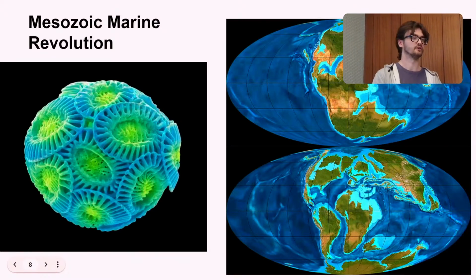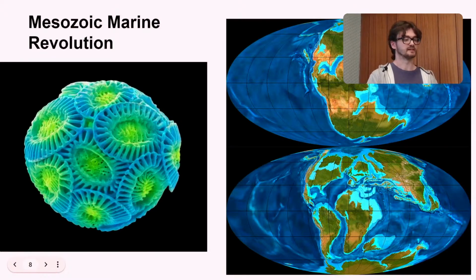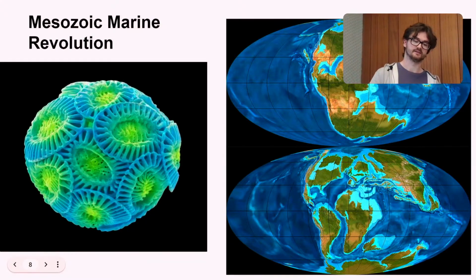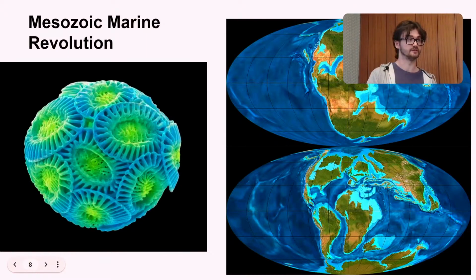Many of the organisms that are accelerating that predator-prey intensity live in shallow marine environments. But more recently, it's been thought that the MMR started at the end of the Triassic as a response to ecosystem recovery from the end Permian mass extinction, the biggest one in Earth's history.